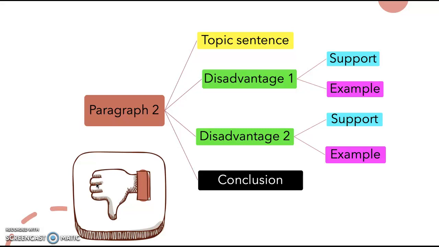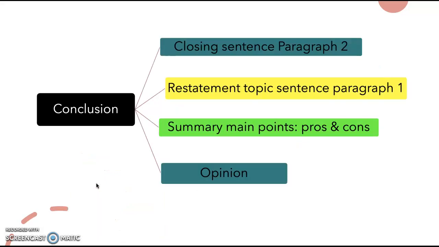What are the elements of the conclusion we are going to write? First, you're gonna present a closing sentence of the second paragraph. Then you're gonna present a restatement of the first topic sentence, the topic sentence you wrote in paragraph 1. Basically, you're gonna paraphrase that this text was about advantages and disadvantages. Then you're gonna give a brief summary of the main points.